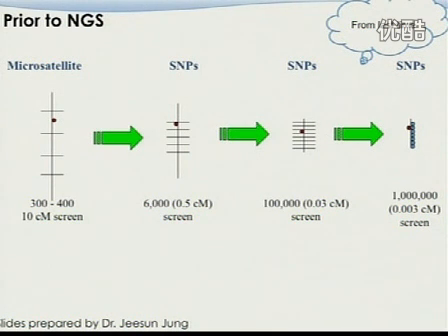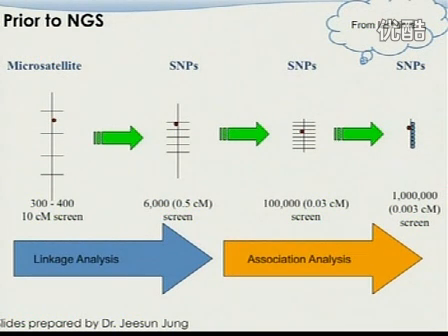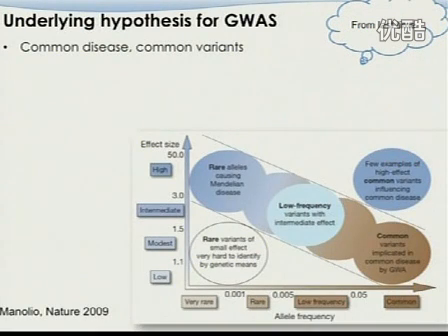Then SNP arrays became more and more popular and more capable, with 1 million or 2 million SNP arrays, meaning a couple million SNP markers on one chip. So your resolution becomes much higher. For this part, most analysis was linkage type of analysis, and further became association type of analysis. We also spent quite a bit of time talking about GWAS, which is Genome-Wide Association Studies.